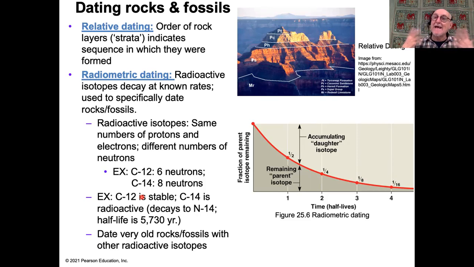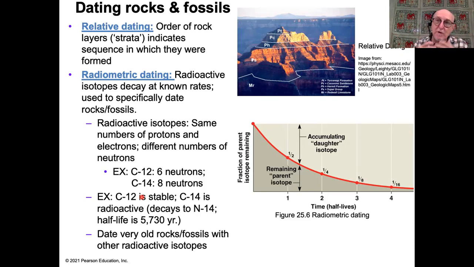And all living things, as they live and exchange carbon continuously with the environment, maintain the same ratio of carbon-12 to carbon-14 in their tissues. As soon as something dies, that exchange stops.